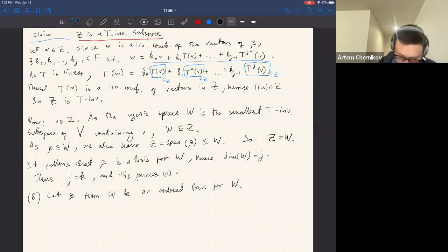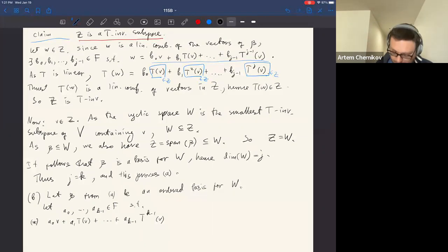Then we let a0 through a_{k-1} be some scalars in F such that, let's denote this equality star, we have a0 v plus a1 T(v), etc., plus a_{k-1} T^{k-1}(v), plus T^k(v) is equal to 0.